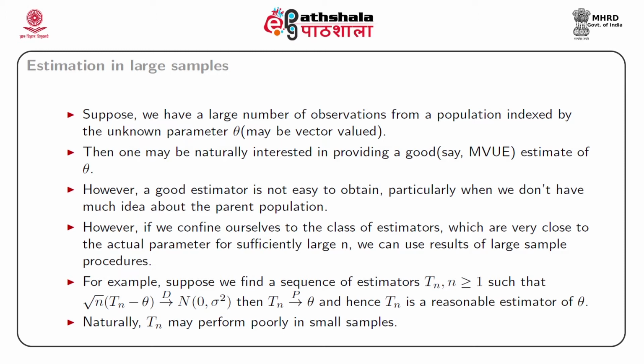In statistical literature, such an estimator is said to be consistent, and we shall discuss all these things later. So, what we get from this is that if we have some asymptotically normal statistic, then we can also find a corresponding consistent estimator.